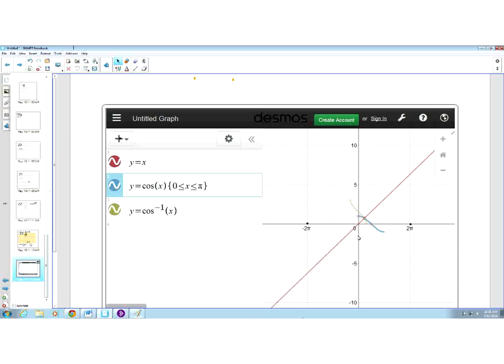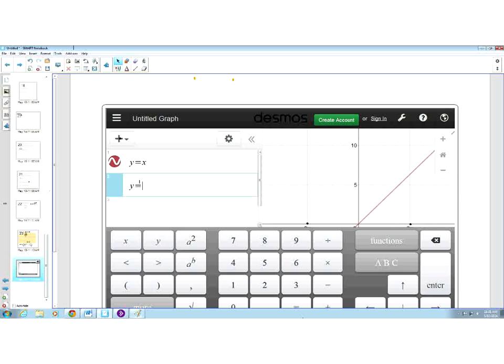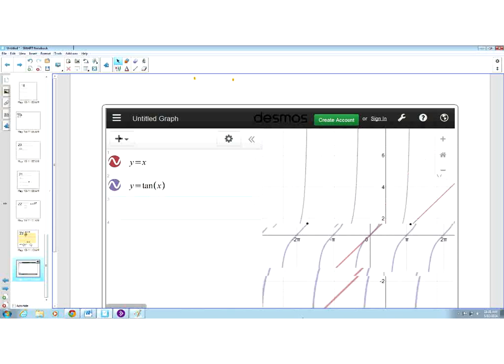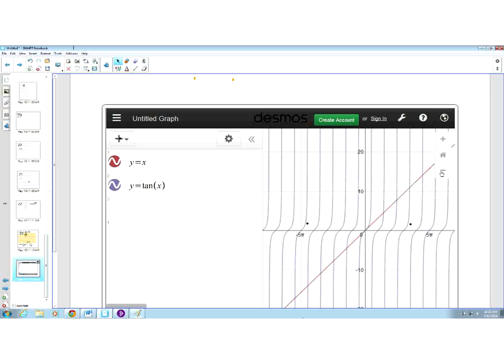All right, and then we can do the same thing for the tangent function. So let's get rid of this. We'll talk about the arctan function. Okay, so y is equal to tangent x. So what would be an interval where the tan function spans its entire range?